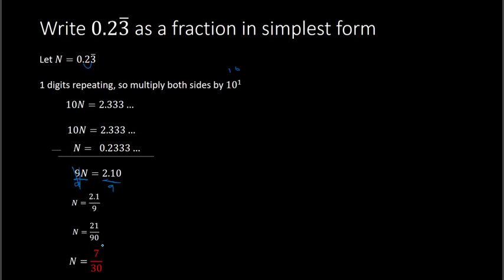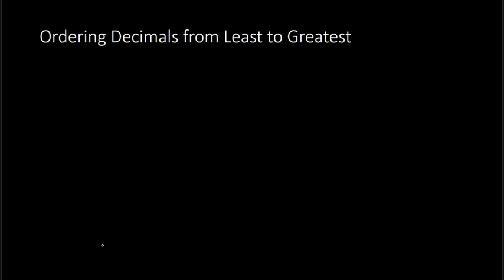Now one last thing with decimals, you need to know how to determine if a number is smaller or bigger than another number. So here we see 0.6513, 0.651 repeating, 0.65 repeating, 0.6527, and 0.6610. So it's helpful if you have the same number of decimals, same number of digits after the decimal.